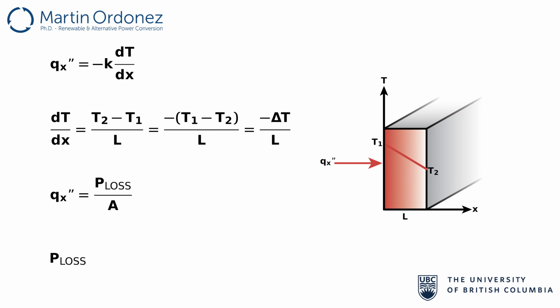Therefore, we can find a relationship between the heat flux through conduction as power loss, P loss, is equal to k times A over L times delta T. Or we can rewrite it as P loss is equal to delta T over L over k times A, where delta T is the temperature difference between 2 points, L is the distance between these points, k is the thermal conductivity, and A is the unit of area.